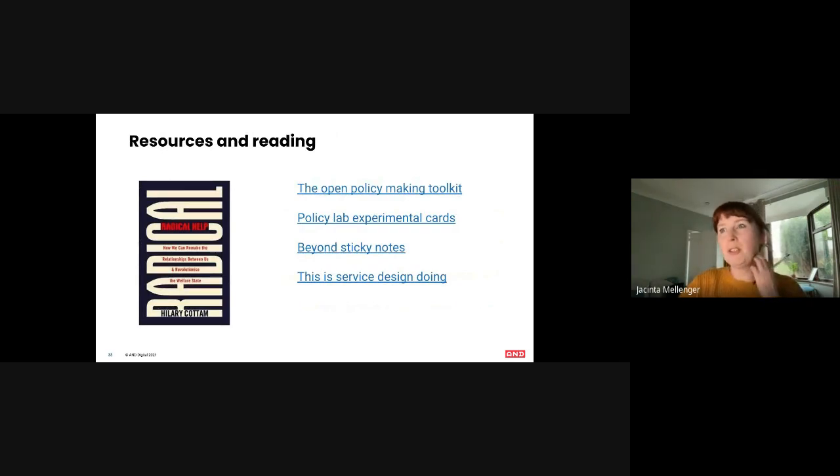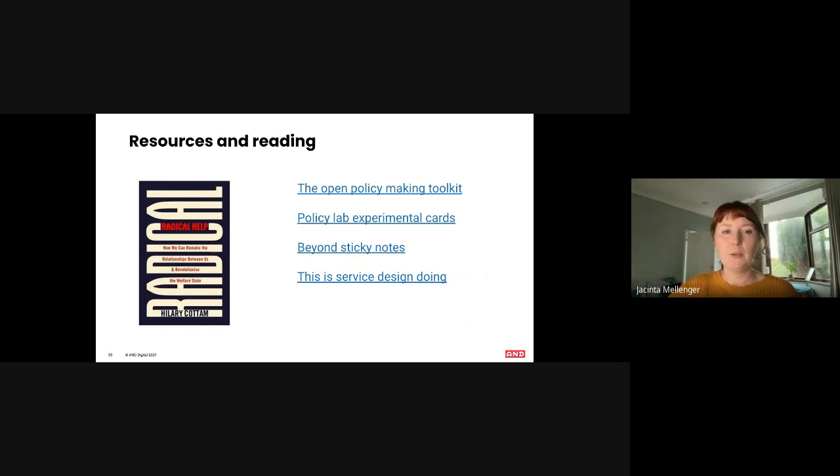So some resources here. One of the best resources to support you to work with policy is the Open Policy Making Toolkit. It's a service manual for collaborating with policy that guides you through each stage with ideas and methods.